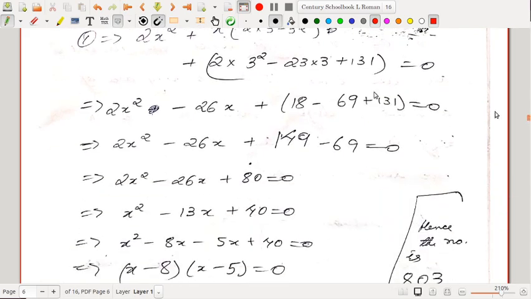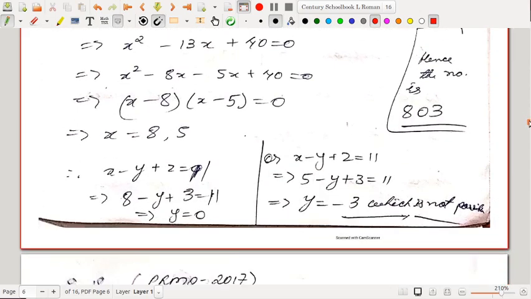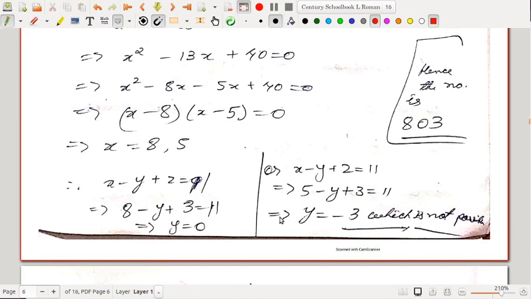Using that in equation 3, we get a simplified quadratic equation in x, and from there we get the value of x to be 8 or 5. If x is 8, then from the relation x minus y plus z equal to 11, we get y is 0.